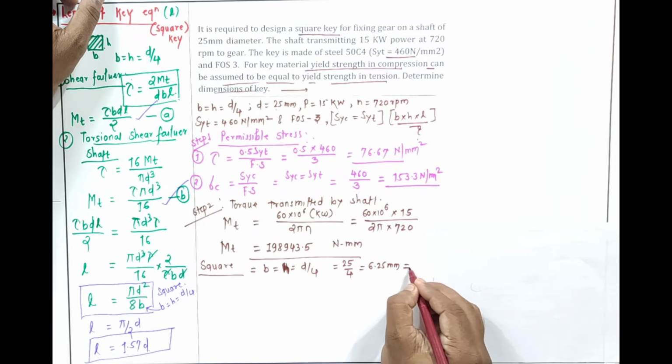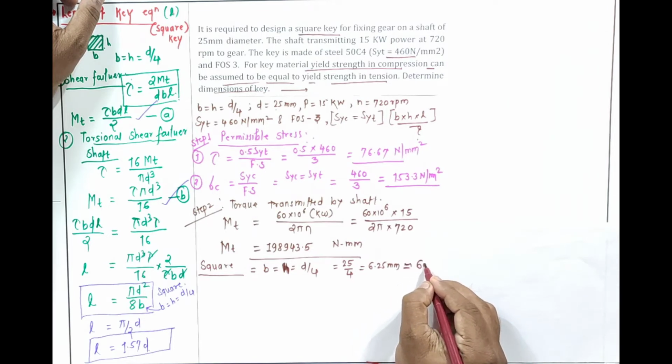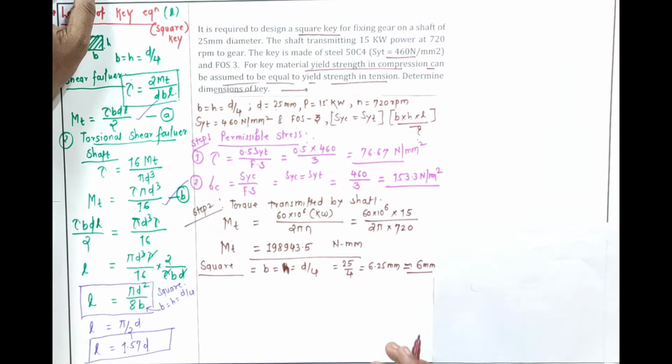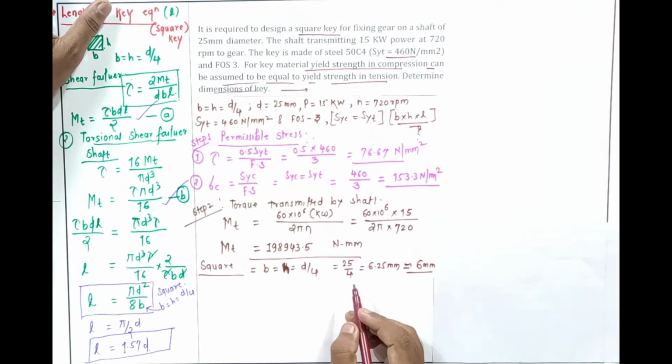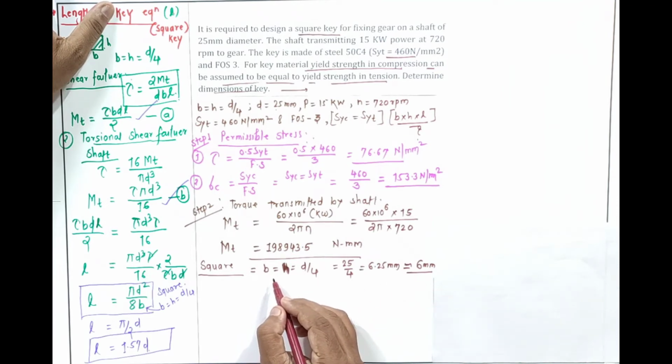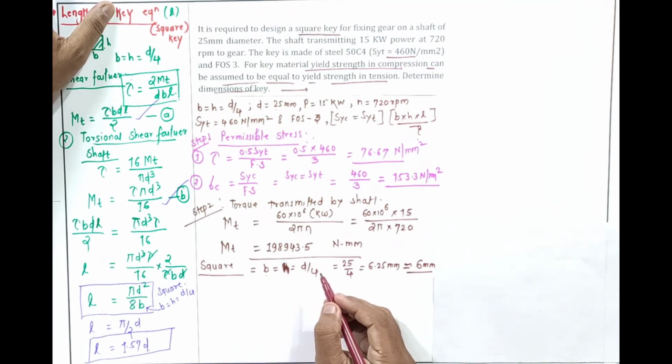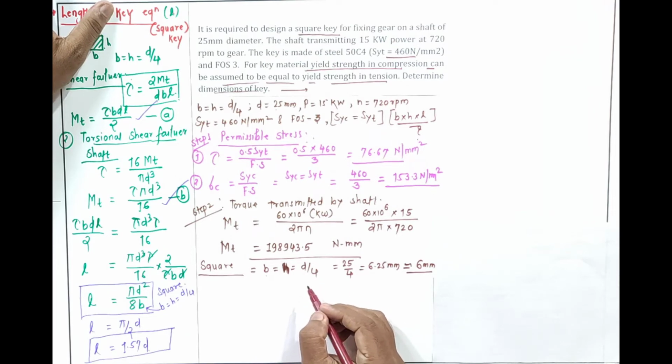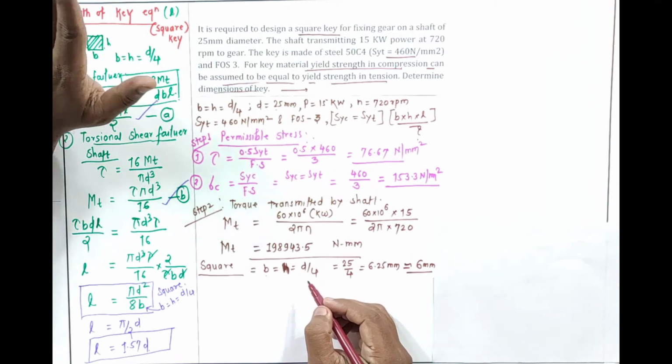We'll have to take nearly 6 mm, because this is for the key. So 6 mm we need to consider as the key width B. So half the portion is done, B and H are calculated. Now the dimension of the key, the length L, remains, to be found on the basis of stress.